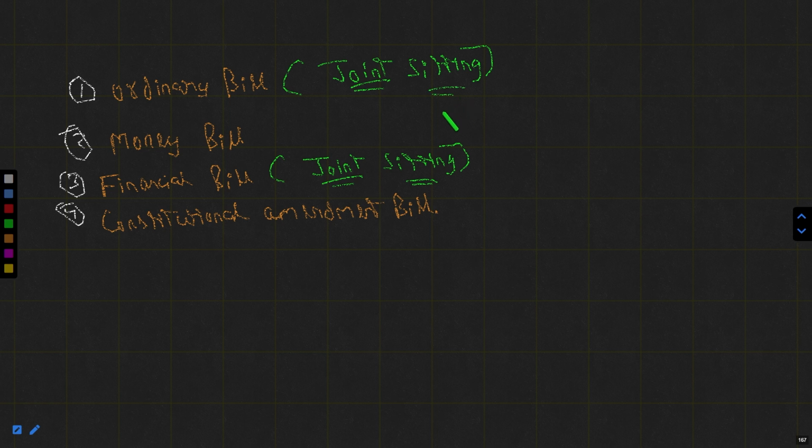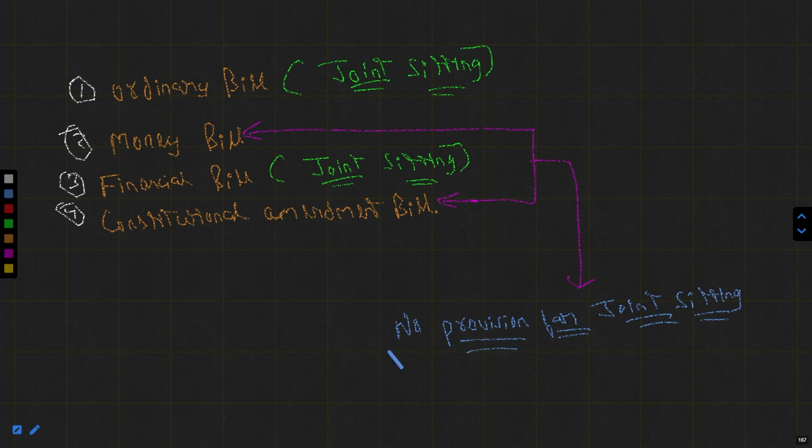So only these two bills will have the provision of joint sitting, and the other two, the money bill or the constitutional amendment bill, these two bills have no provision of joint sitting.